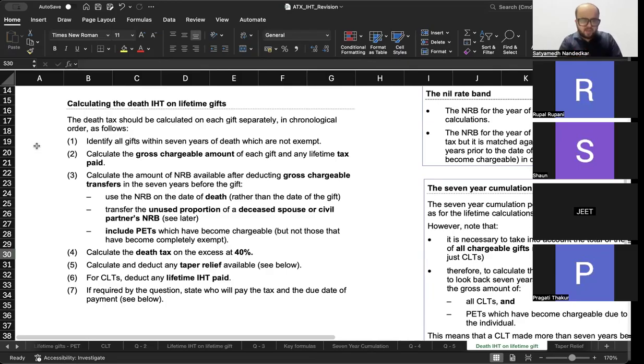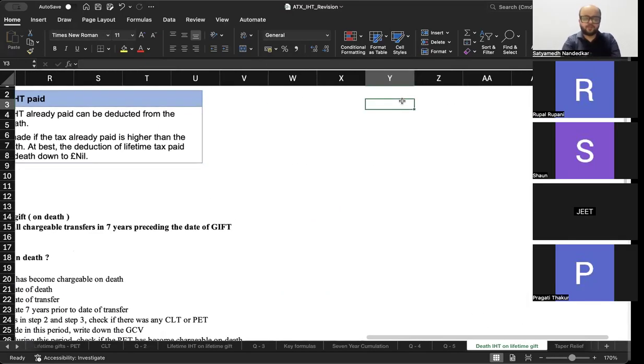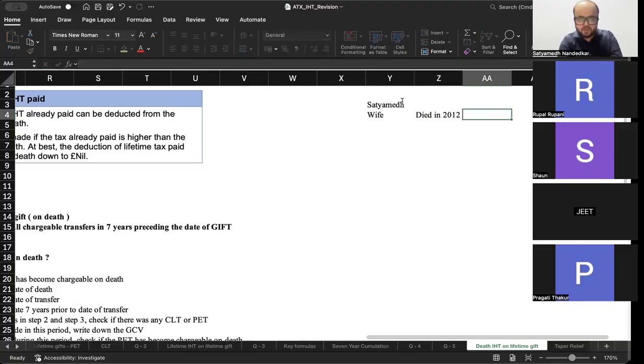Now, you will have to see whether there is any unused NRB on the death of the spouse. The proportion of that unused NRB is also transferred to the surviving spouse. For example, there is Satyamed and there is his wife. Wife died in 2012.